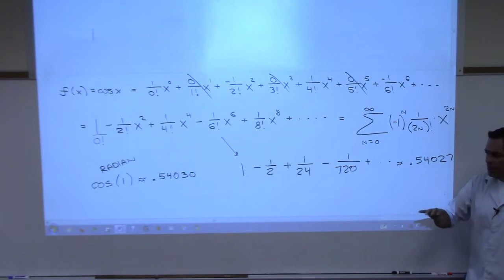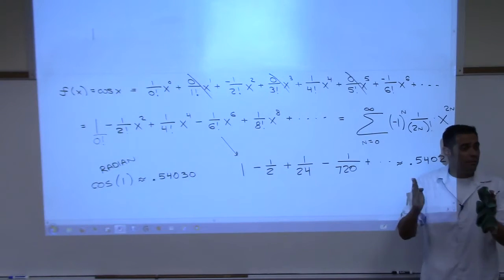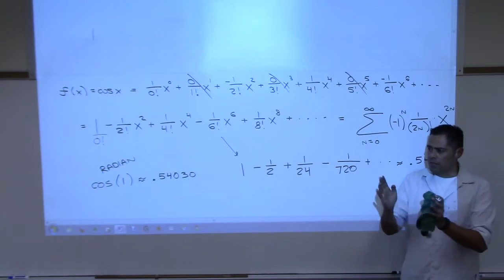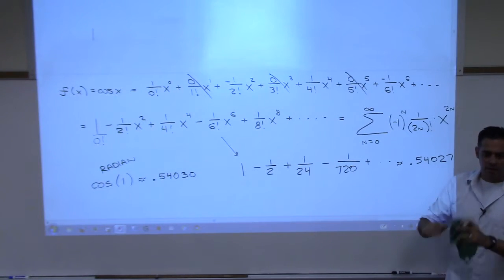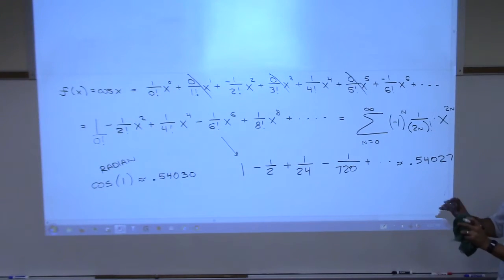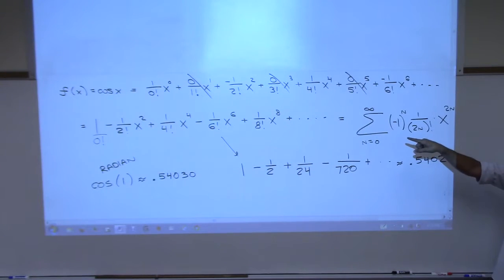In your menu, you can adjust how far out you want it to go. I think they call it the float, and that will take your series out further. But that's what your calculator is doing. It's using that power series.